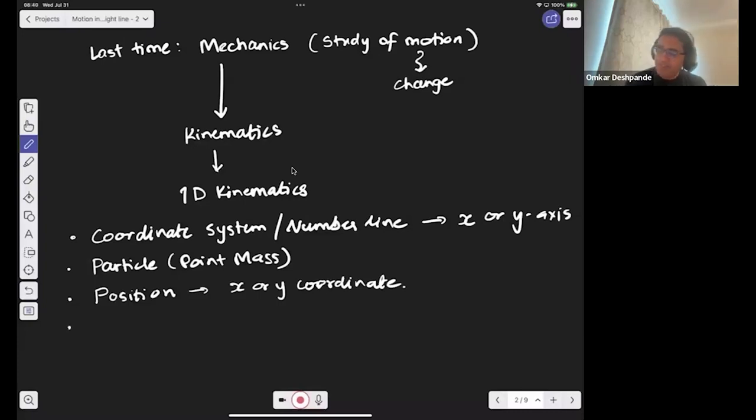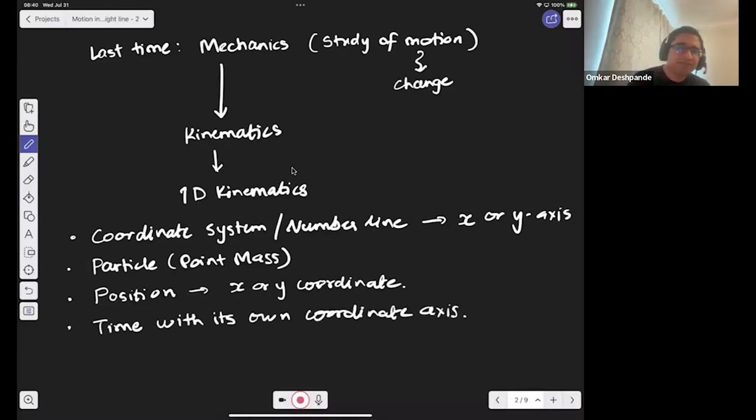And since motion happens across time, we can represent time itself as a separate axis with its own coordinate axis, where the origin, which we would call t equal to 0, is maybe the time instant where we start observing the motion, and then time flows forward.